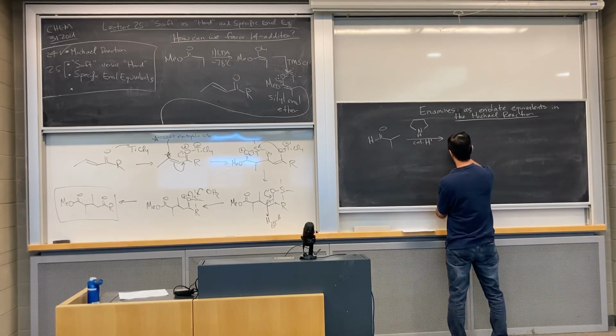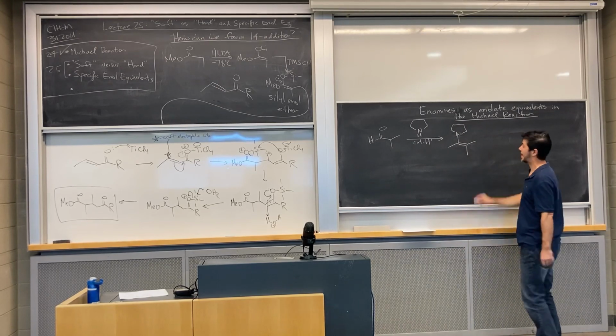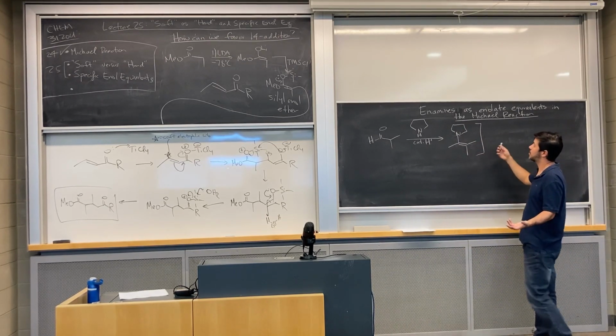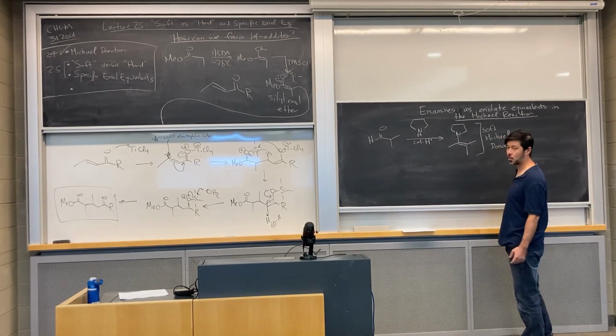So that will look like this. And this is what we call a soft nucleophile. Specifically, because we're dealing with the microreaction, we can call this a soft Michael donor.